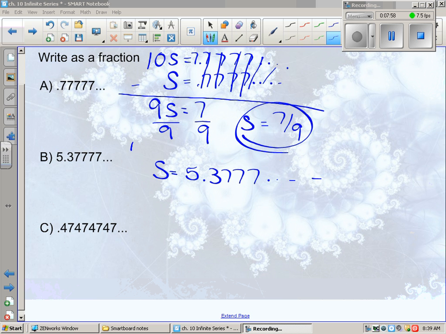Okay, so 10s equals 53.7 repeating, and I just write as many as I need. I'm going to subtract 10s minus 1s. Still 9s. And I'm going to subtract.